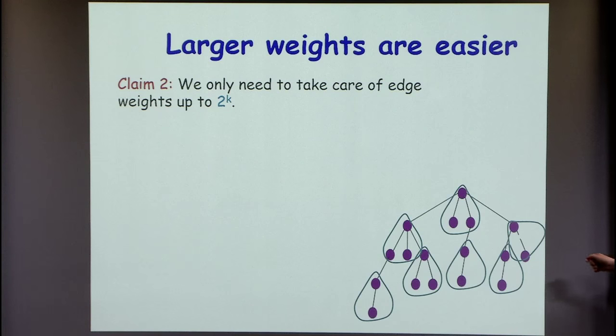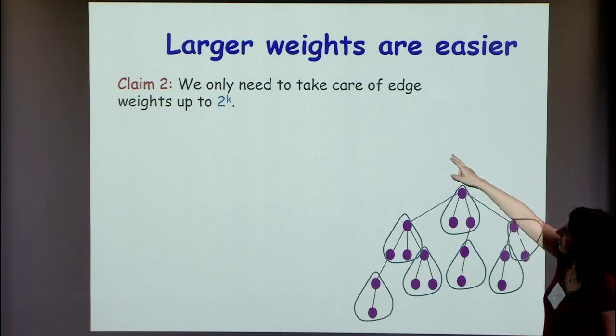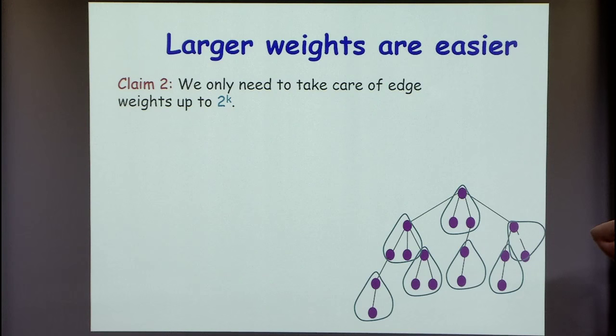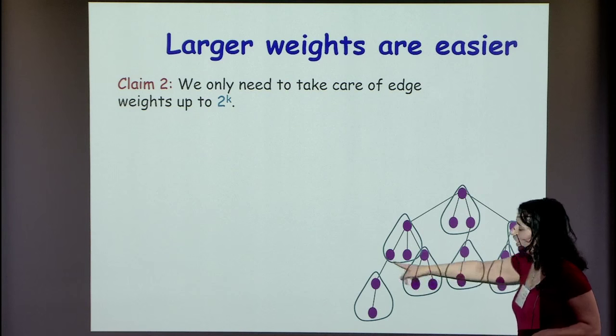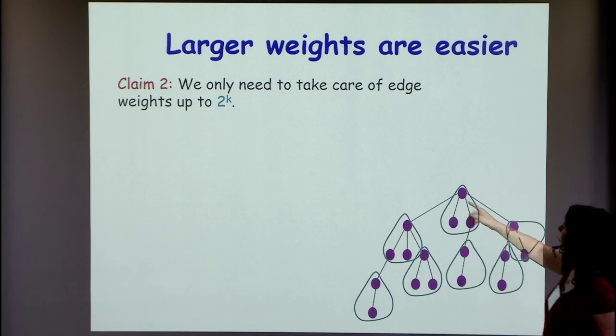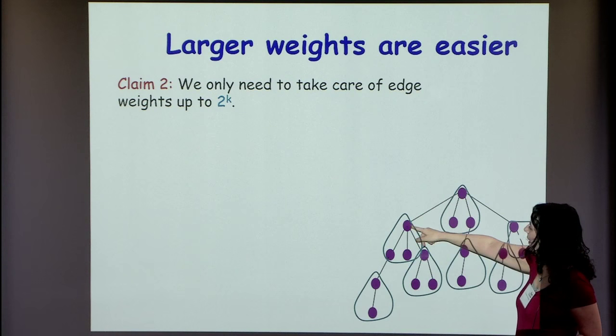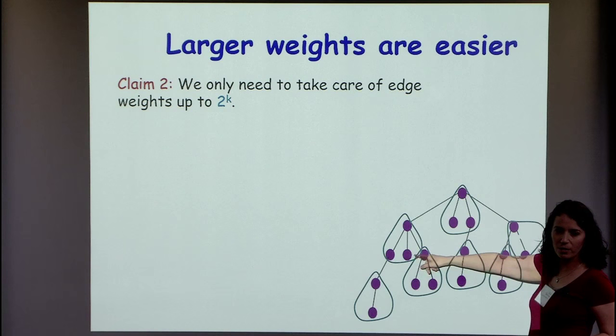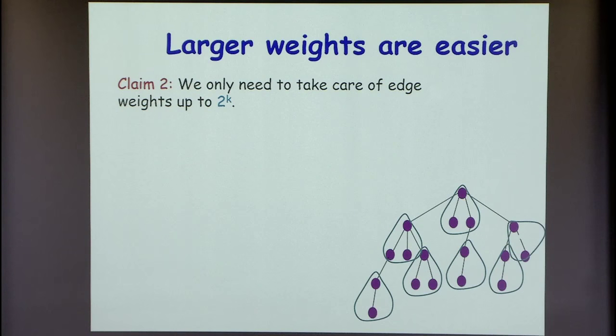I'm slightly cheating here, because it's true that larger edge weights are easier, but we also have the MST edges that are of weight 1, and we need to use them. If I go into a cluster with weight 1 and I do the detour here, then actually I can get a very bad stretch.